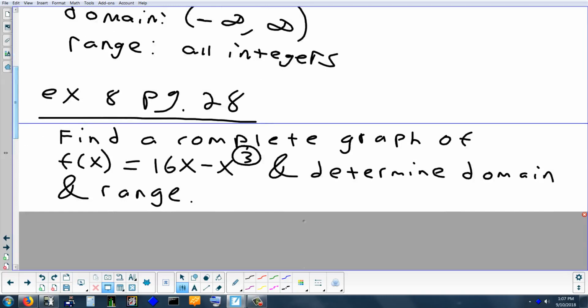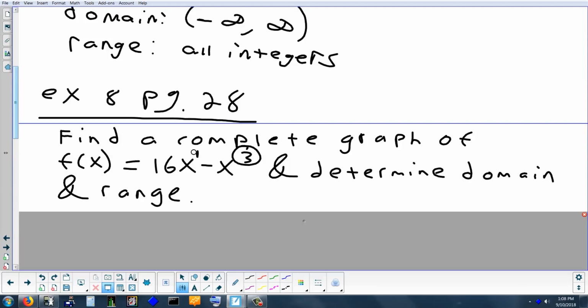But the exponent can tell you the number of turning points and what direction the ends of the graph go.